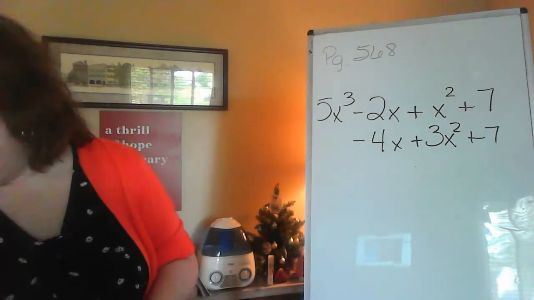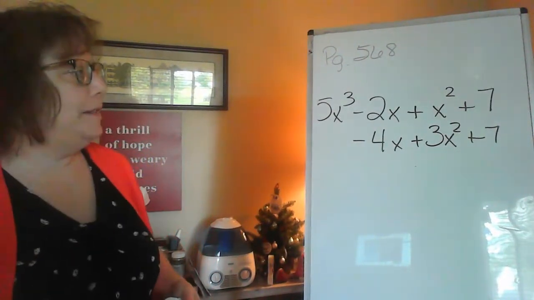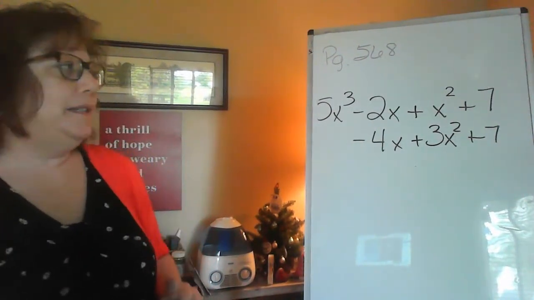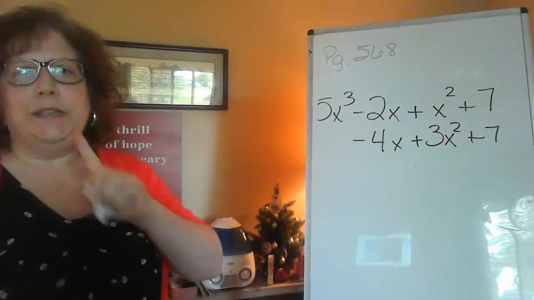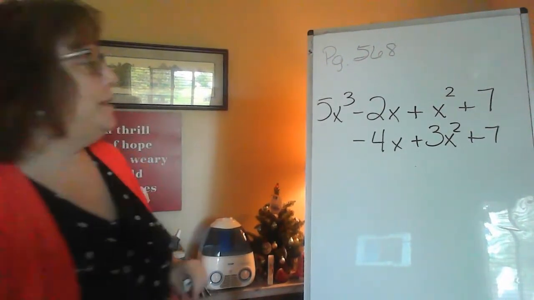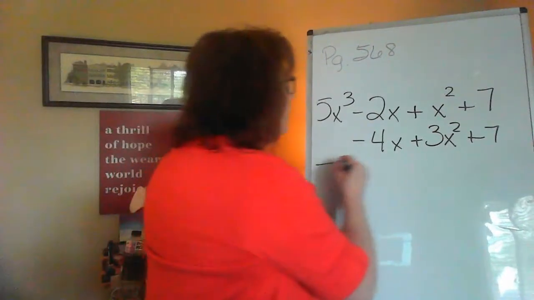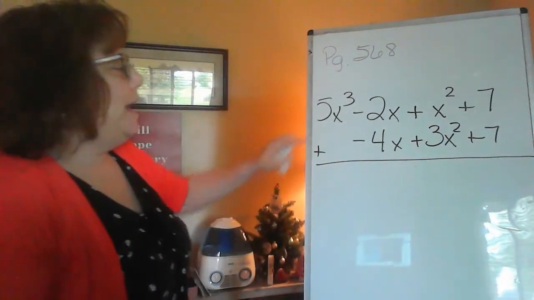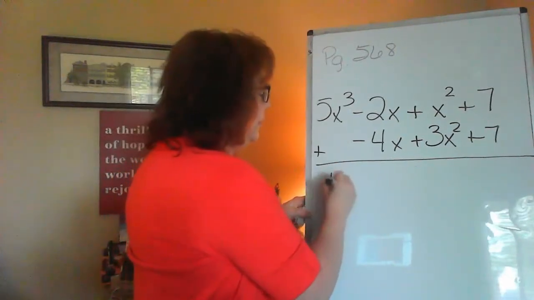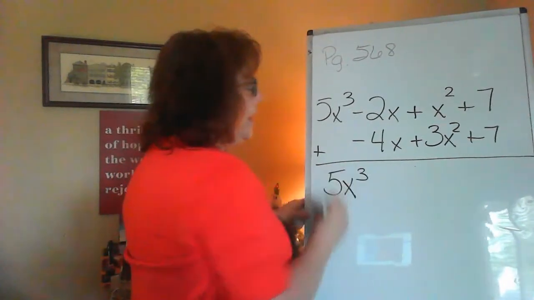If you look, they've actually done that. Now, one of the things that they did that I usually wait until the end is that they put the degrees in order. We're going to talk about that in just a second. So I'm going to put this here. I don't have anything else here, so it's going to be 5x to the third power.